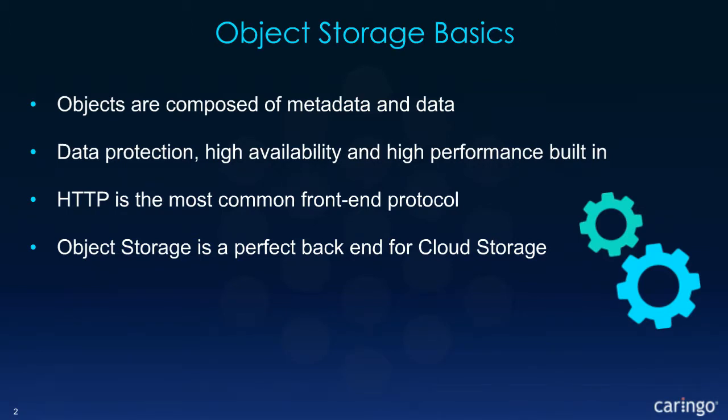So what is object storage basically used for? Why does it exist? Well, the short answer is data protection, high availability, and high performance. The data protection part is really because once you have the metadata and the data encapsulated in the object, you can integrity check the complete set, and then you can continuously check those hashes, and you can ensure going forward objects are the objects that they were stored.